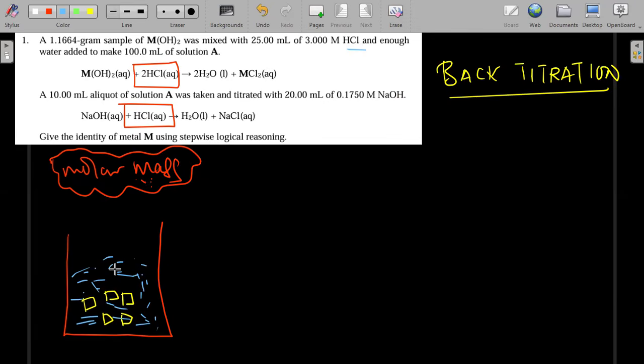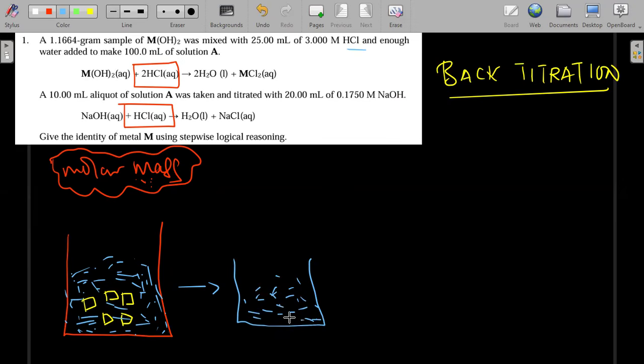The metal hydroxide in yellow and the hydrochloric acid react, and when they react, they're going to form products. But because this hydrochloric acid is in excess, some of it is going to remain here. So this is the hydrochloric acid that has remained now.